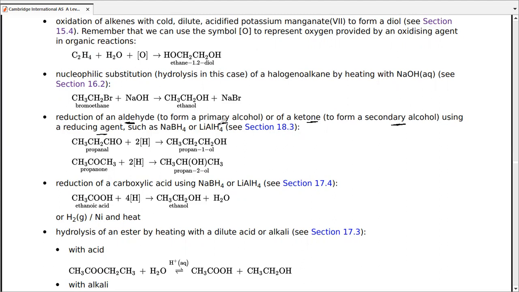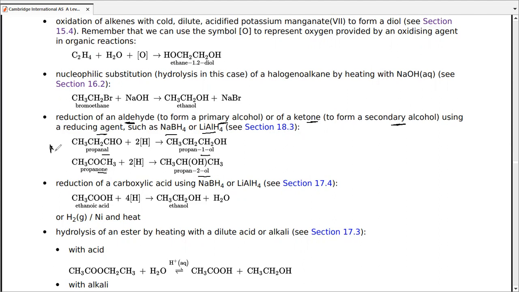This time we are using a reducing agent that we didn't study back in IGCSE, NaBH4 or LiAlH4. As you can see, a lot of hydrogen atoms in there, which when added to any of your molecule would reduce it. And in this case, the reduction product is alcohols.